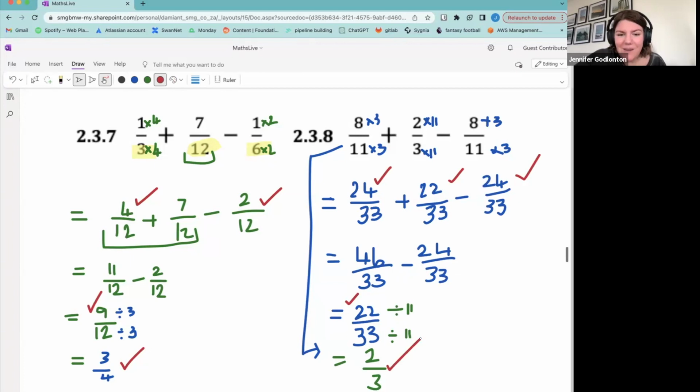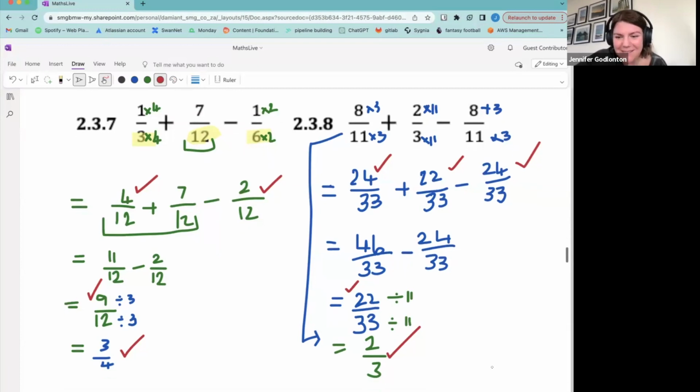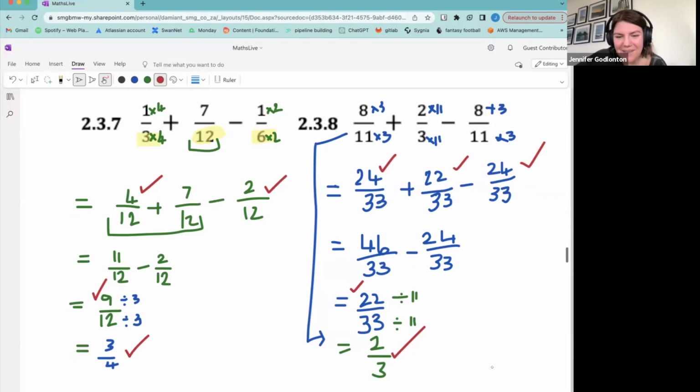Do we have any brain buffs who got 5 out of 5? So you have got where all of my ticks are, you have got those. You have a headache. Oh no. Luckily you can turn your brain off for a little bit after this lesson. Do we have any brain buffs to learn with getting 5 out of 5 for this question? Let me know.